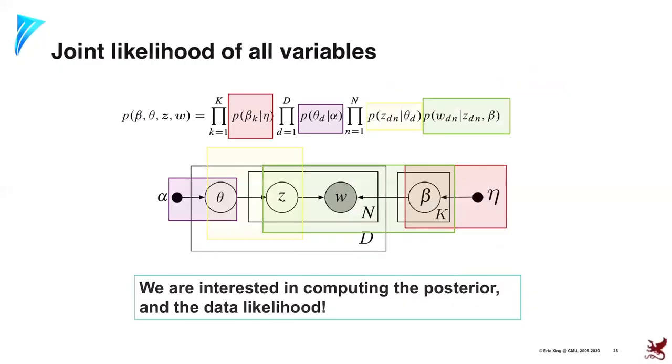Okay. Now we can write down the joint likelihood of all variables like this. Then we would be interested in an inference problem: given the data, which is this W, we want to infer the posterior of hidden variables.